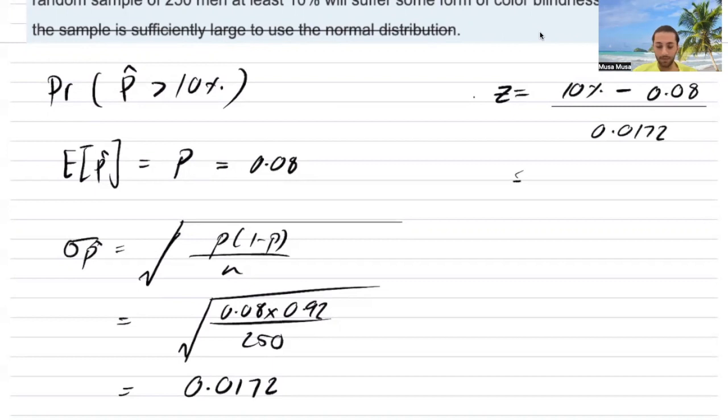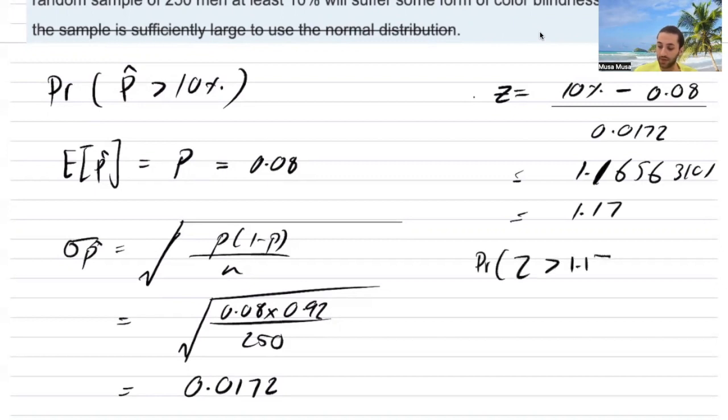This is going to equal 1.16563101, but because our table only goes to 2 decimal places, we use 1.17. We want to find the probability that z is greater than 1.17. That's going to equal 1 minus phi of 1.17.